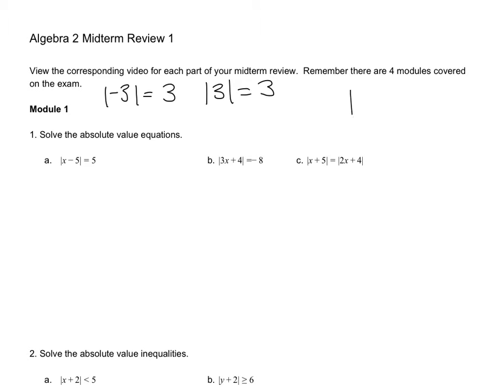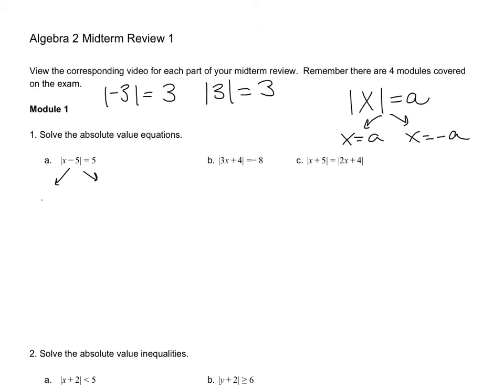So if we have an absolute value equation, say the absolute value of x equals some number, then we always split that into two equations. We made this x equal to a and x equal to negative a. So if we look at our first example here, we have the absolute value of x minus 5 equals 5.